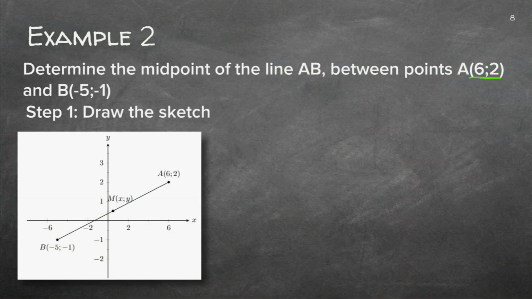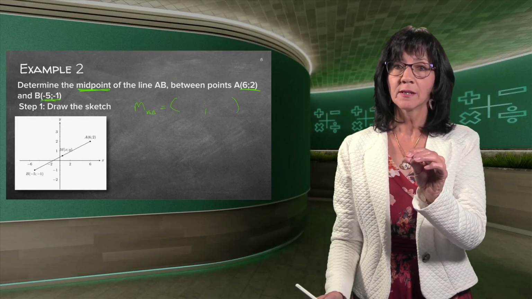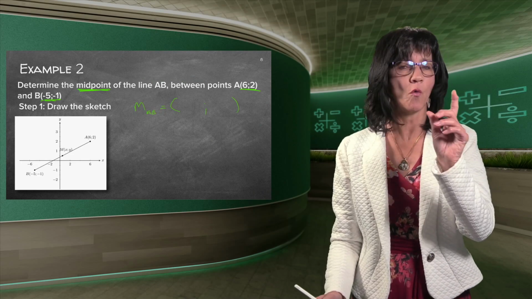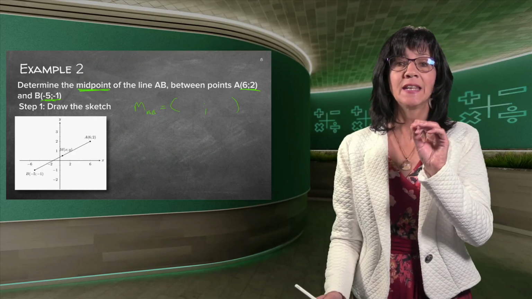Again, they give you 2 points there. The sketch is drawn neatly for you, and they ask you to determine the midpoint. The midpoint. Immediately I know, okay, midpoint of this line AB, I need a formula. Be very careful. If they ask the midpoint, I cannot now write down a distance formula or anything else. I need a point.